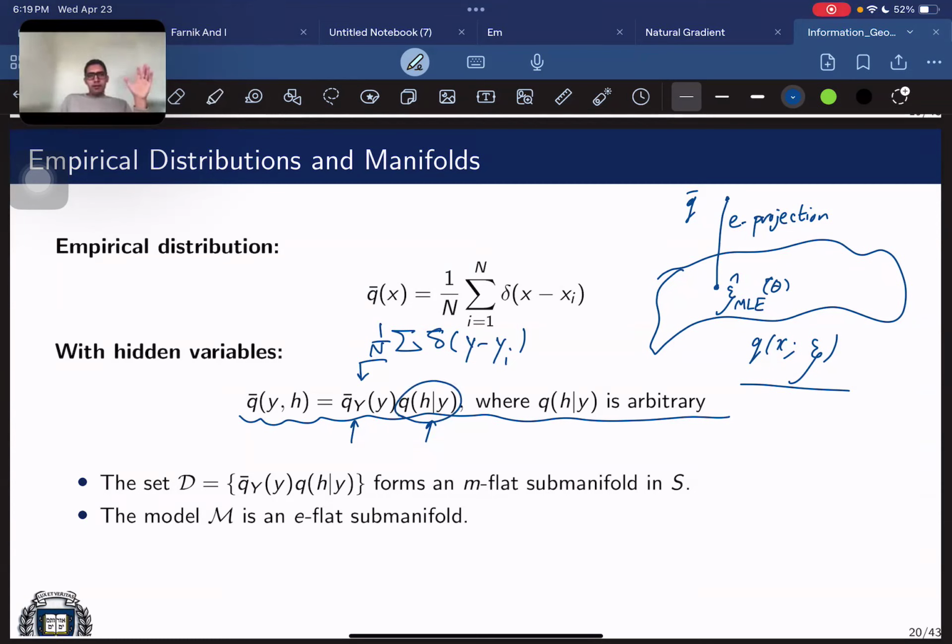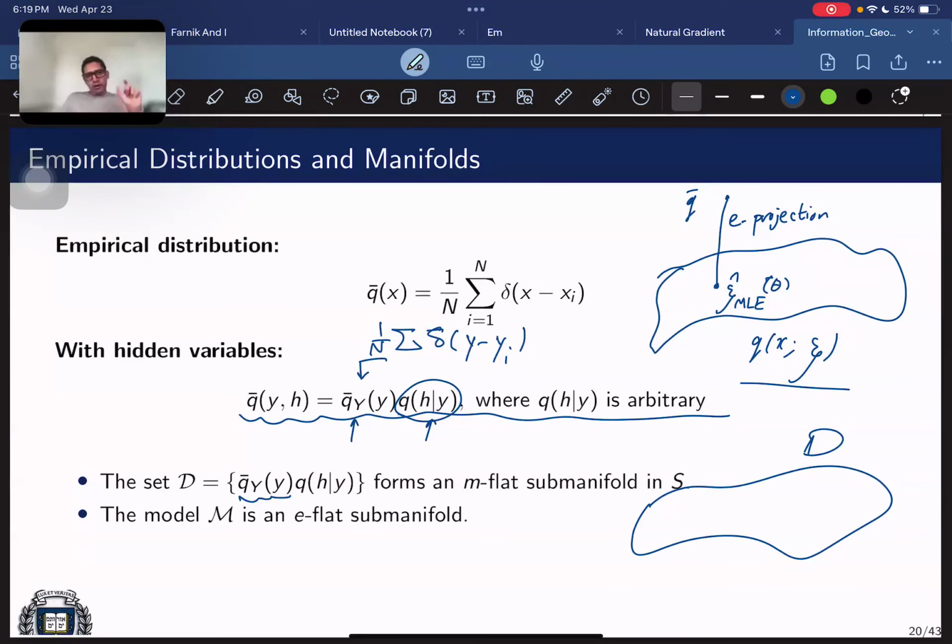Maybe the non-observed variables come from different distributions. You cannot assume they come from a single distribution. So you create this data manifold, which is essentially the space of all conditional distributions.